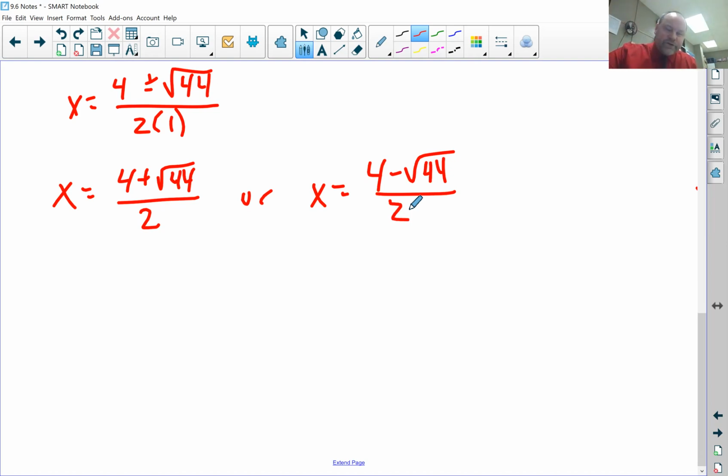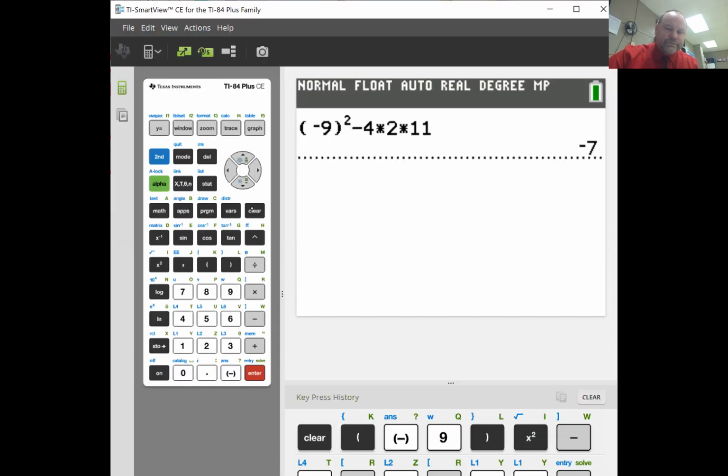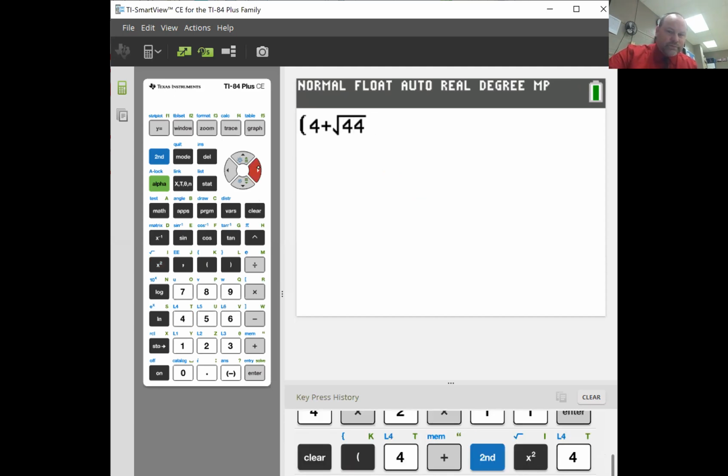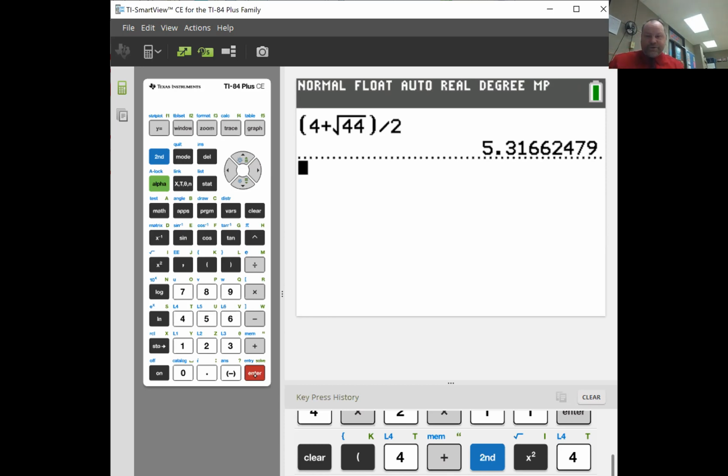If we use our calculator, use parentheses, 4 plus the square root, that's second and the x squared button, of 44, and your parentheses, divided by 2. There's one of our solutions, 5.32. We're going to round to 2 decimal places. The 6 in the third decimal place says round up.